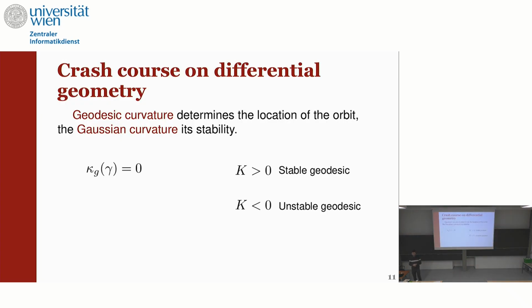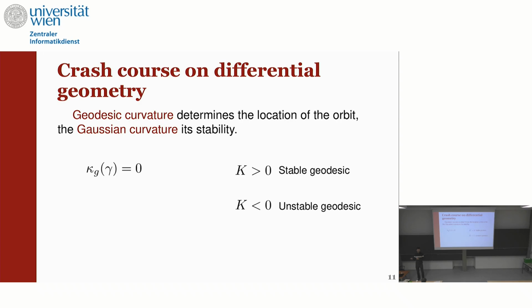Why do you talk about stability? Okay, so this is a radial stability. If we are in a stable orbit, you do a small perturbation, and if it comes back to the original orbit, then we say that the orbit is stable, and if the deviation just grows, then we say that it is unstable.